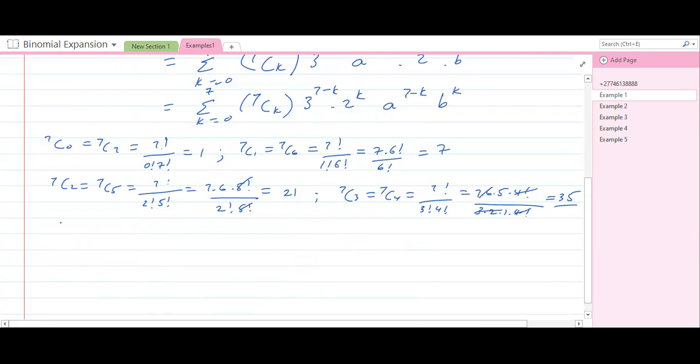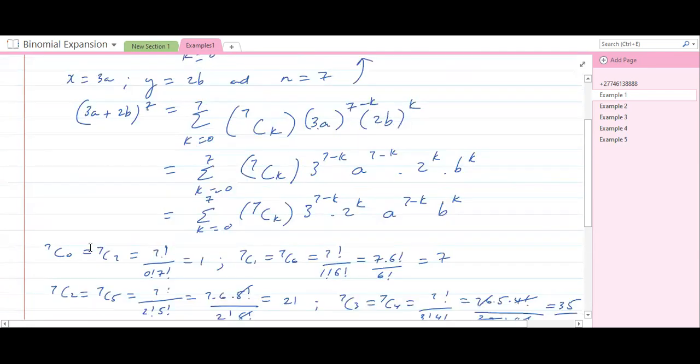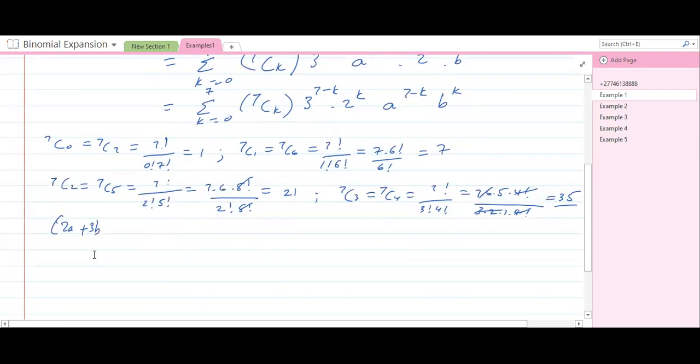So what we can write down now is 2a plus 3b. I think it was actually the other way around, 3a plus 2b, sorry. So (3a + 2b) to the power 7 is equal to, so 7 choose k with k equal to 0 in this case.